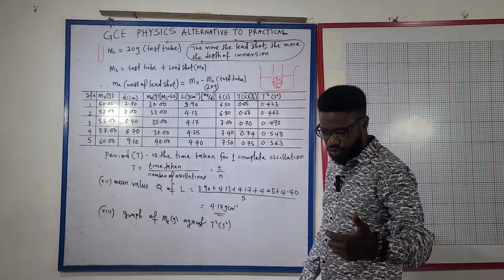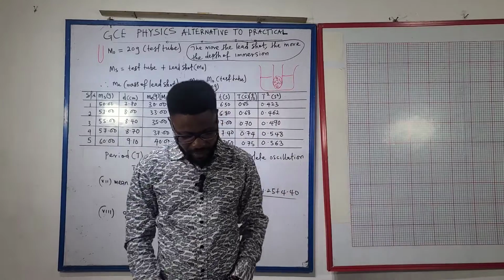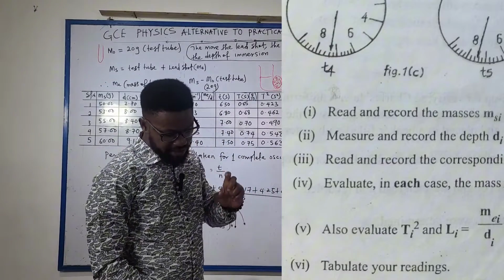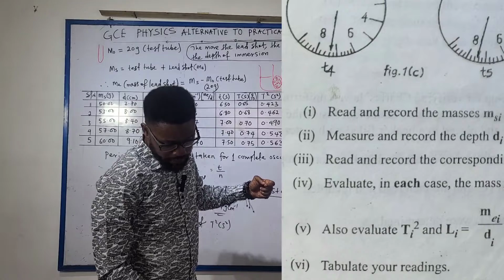On Roman figure 5, question V, it says also evaluate T square. That is the square of the period.